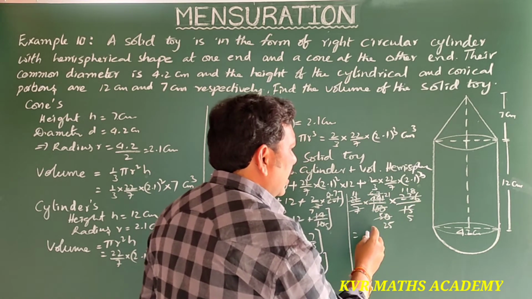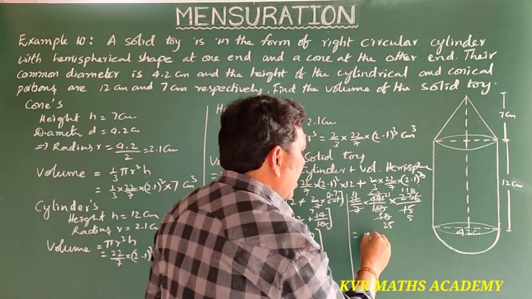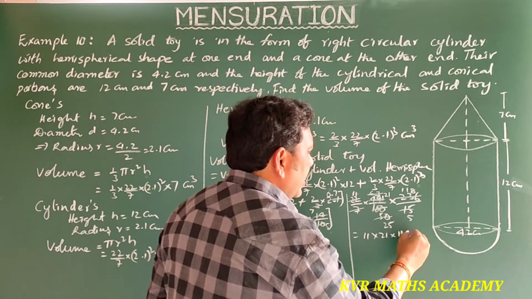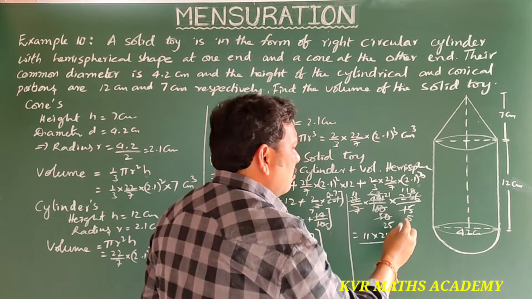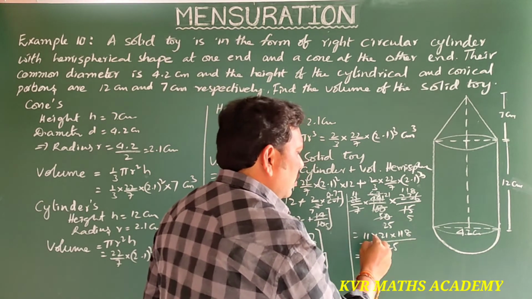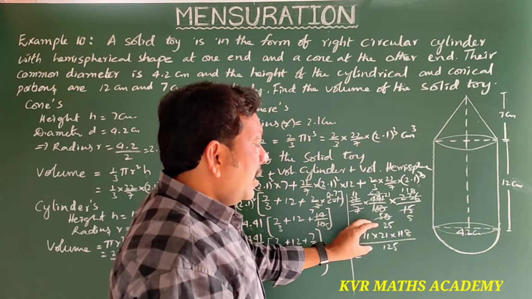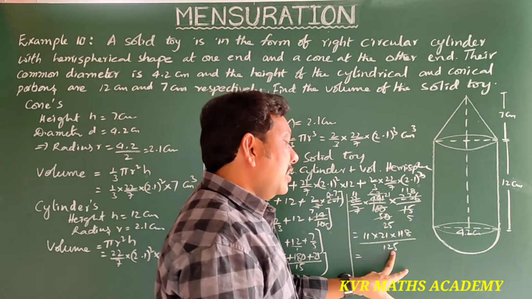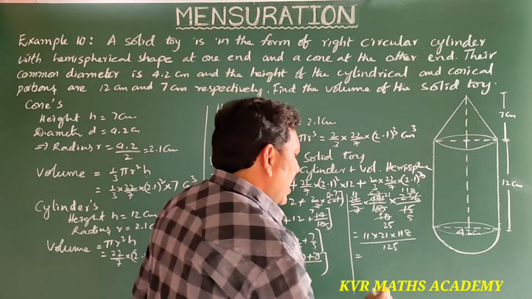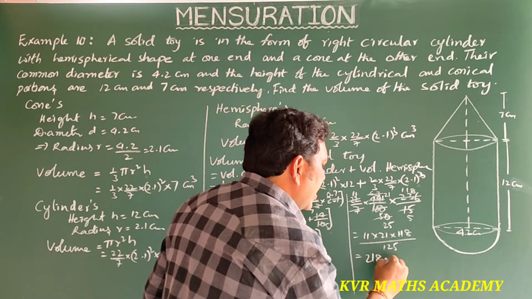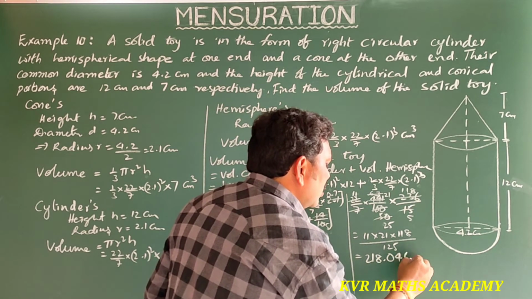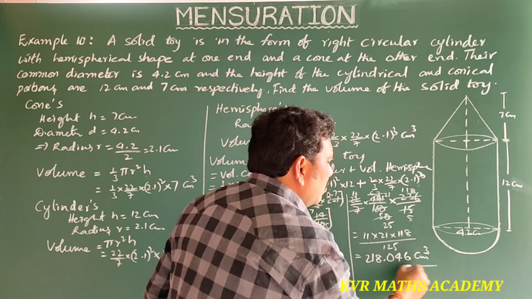So in the numerator we have 11 into 21 into 118, and in the denominator 25 5s are 125. You multiply and divide by 125, and you will get the answer 218.064 centimeter cube.